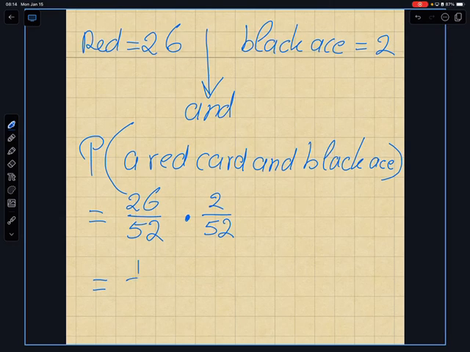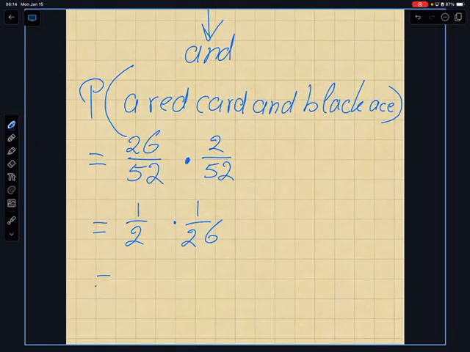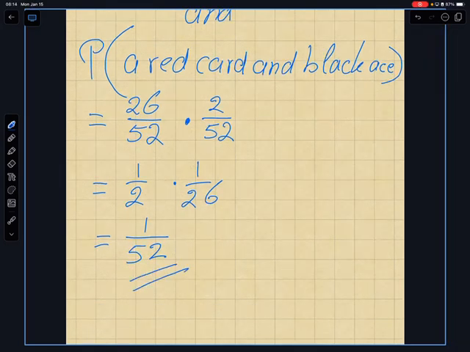When you simplify to make it easier, your answer becomes, this is 52 again. There we go. This is the correct answer.